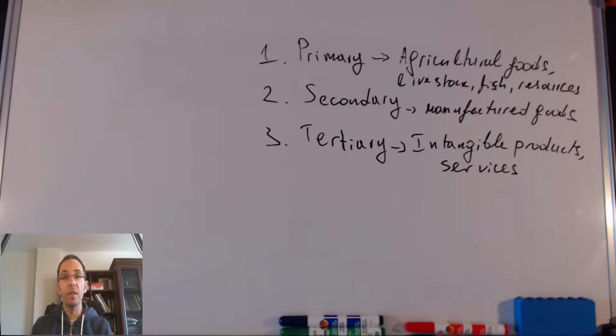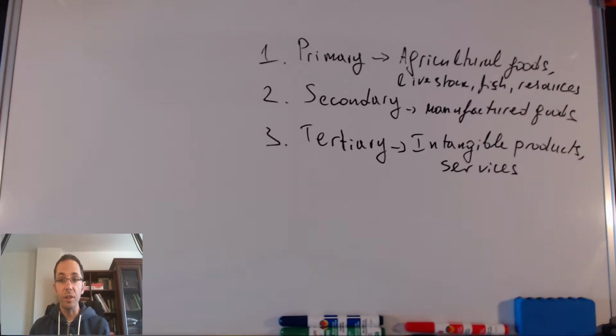For example, getting a haircut or going to a restaurant and ordering a meal. When you order the meal, you will receive a cooked dish, which is a secondary commodity by nature because it has undergone some processing, but you also need to take into consideration the fact that somebody cooked that dish, and that's a service that the restaurant performed for you.